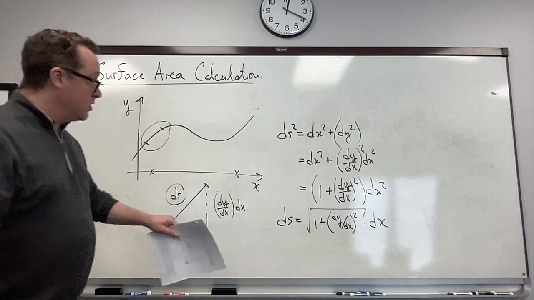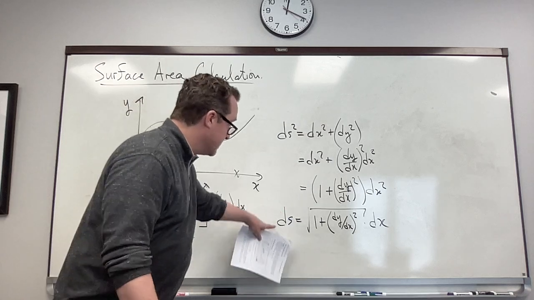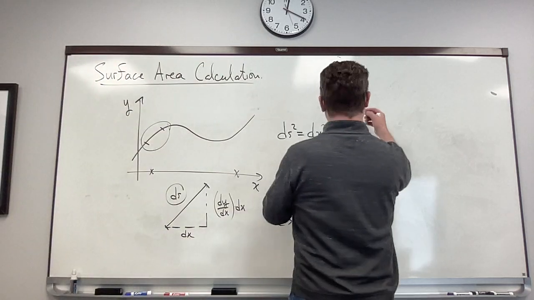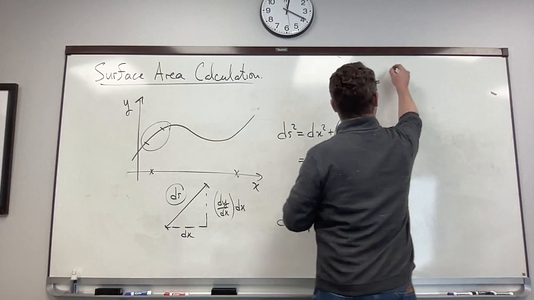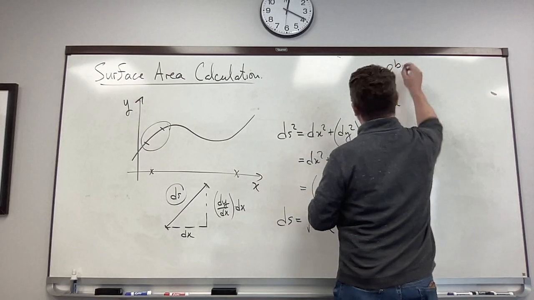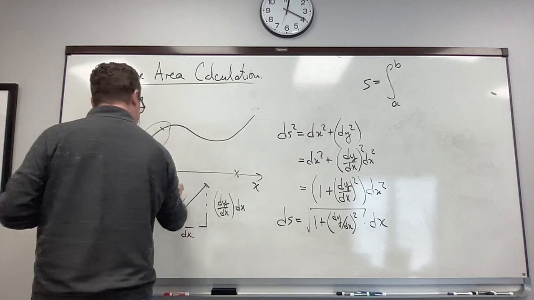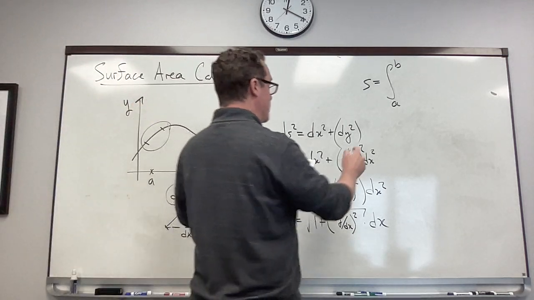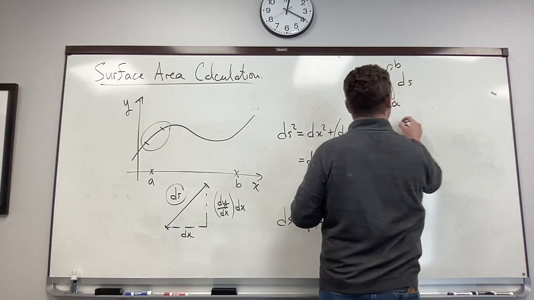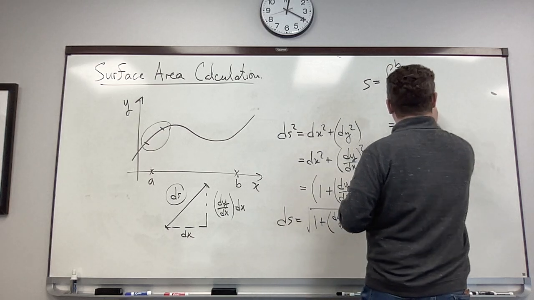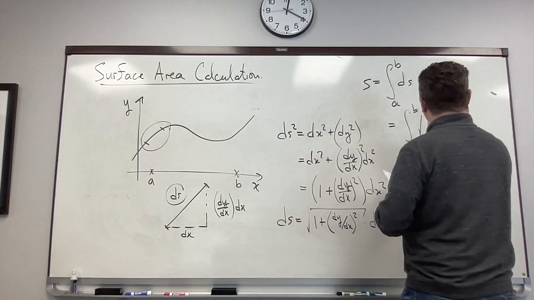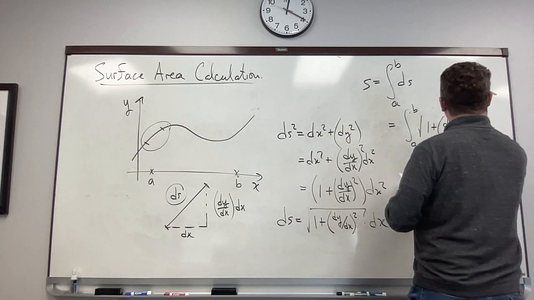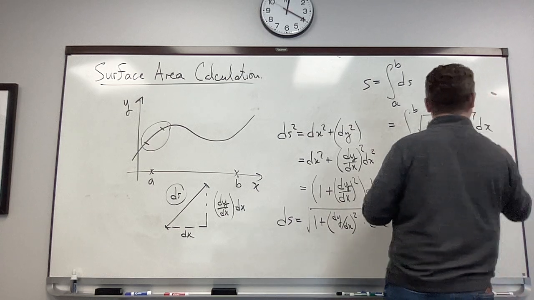So if I want to know the total path integral from one point to another, that arc length is going to be, I'm going to integrate from x equals a to b, say that's a and that's b. We're going to integrate ds. So that is the integral from a to b of the square root of 1 plus dy dx squared dx.